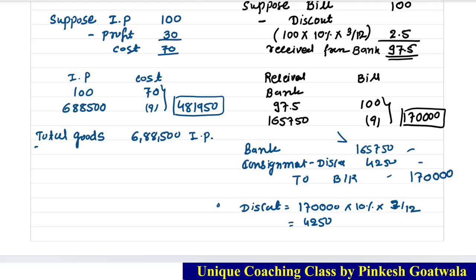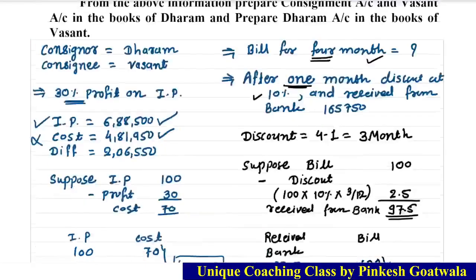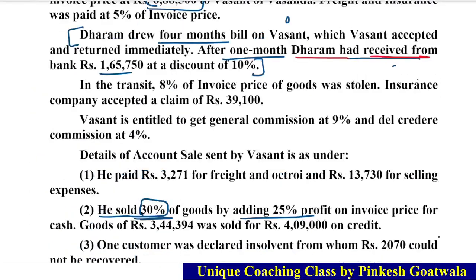No, consignee આટલી amounts નું goods મળ્યું જ નથી, because on the way 8% of invoice price goods was stolen. 8% તો stolen થઈ ગયું છે, તો એની પાસે એટલું goods આવ્યું જ નથી ને, 8% તો પહેલેથી જ ચાલ્યું ગયું ને, because એ 30% કીધા છે goods ના, તો એની પાસે જે goods હશે એને જ 30% કરશે ને. Think practically, રસ્તામાં જ 8% ચાલ્યું ગયું છે.